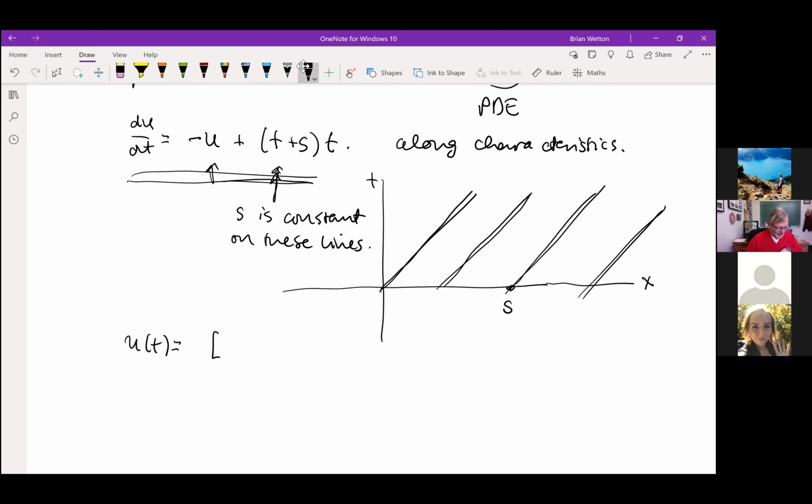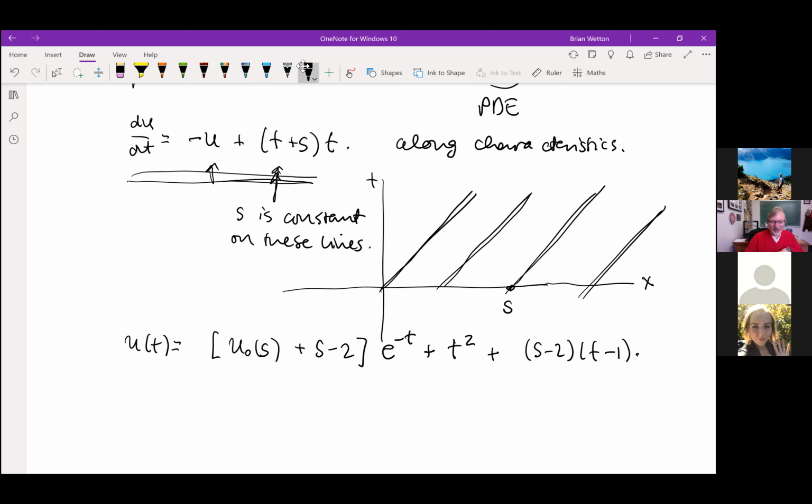I'm going to get u0 of s plus s minus 2 times e to the minus t, plus t squared plus s minus 2 times t minus 1. Okay, well, so that's the solution that comes out.